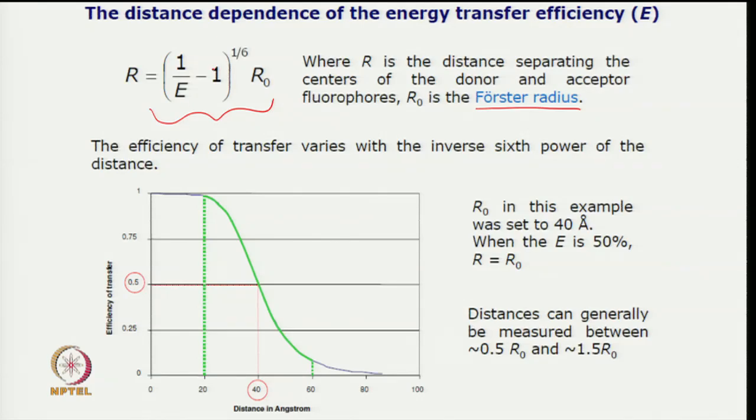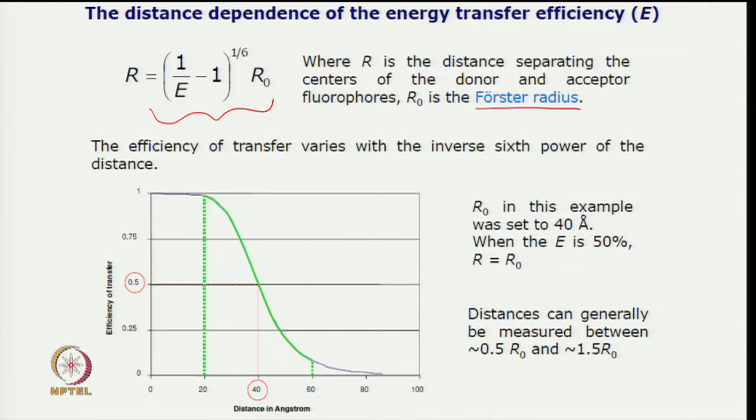So, this is 2 minus 1 power 1 by 6 into R naught, which is 1 power 1 by 6 R naught, which is basically R naught. So, R is equal to R naught when E is equal to 0.5.